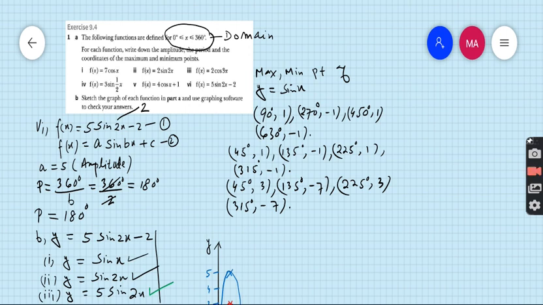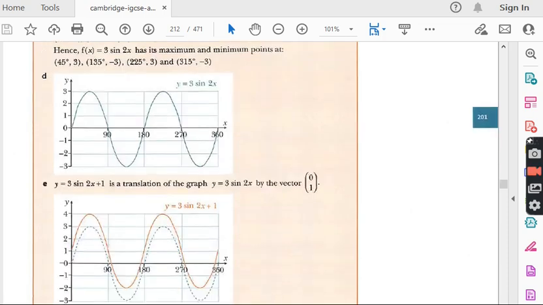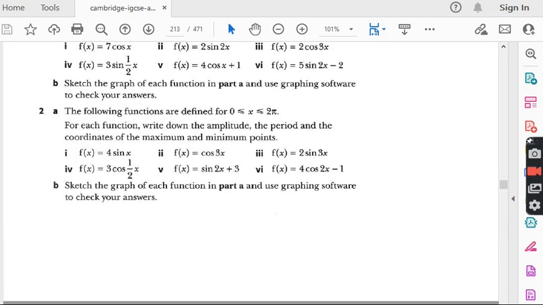What next in exercise 9.4? This is question number 1. We have finished successfully. What is question number 2 of exercise 9.4? The following functions are defined from 0 to 2 pi. Draw the graph.